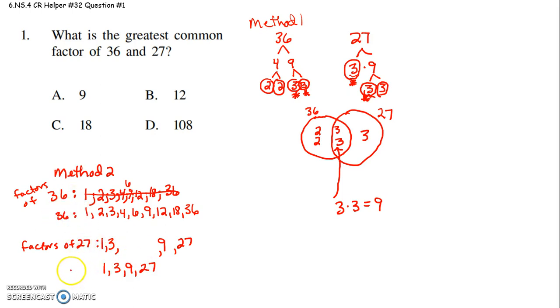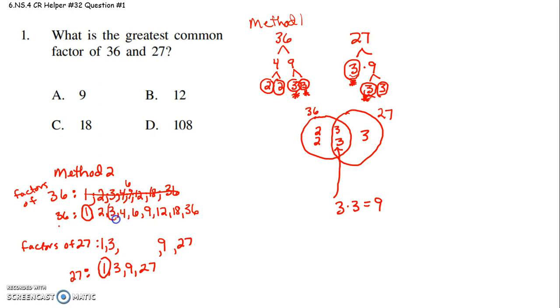Then you're looking for the greatest common factor between those. This video is getting a little long. You can see 1 is a common factor between them. You can tell I'm having a rough day. This should say 27 here.